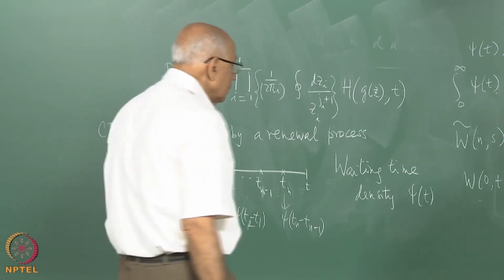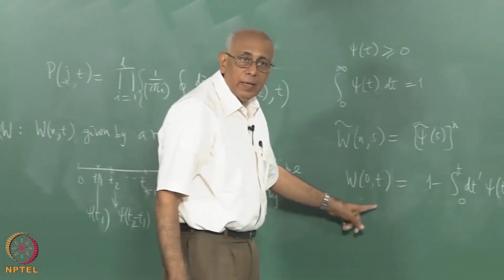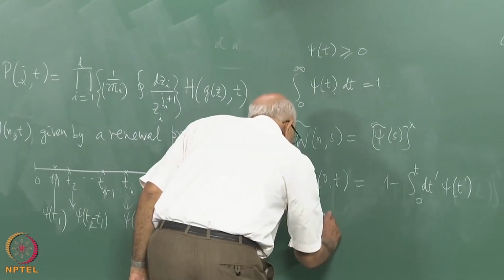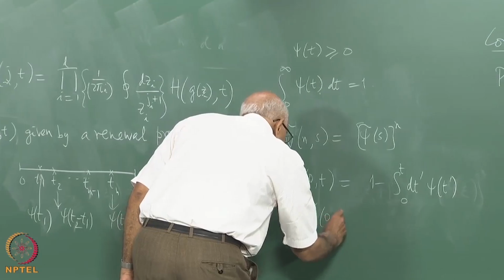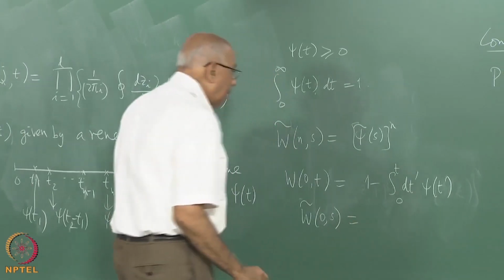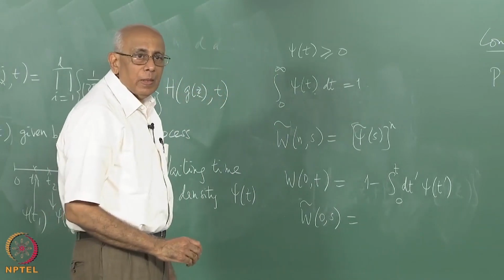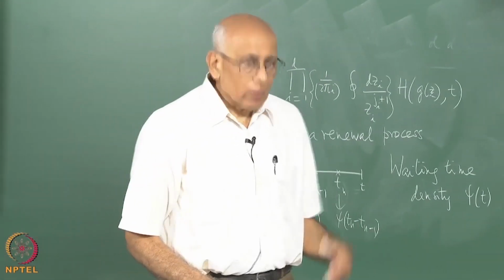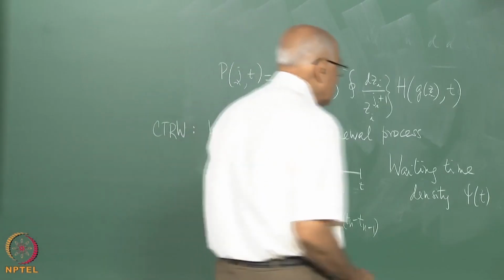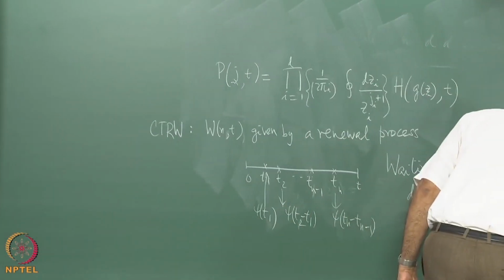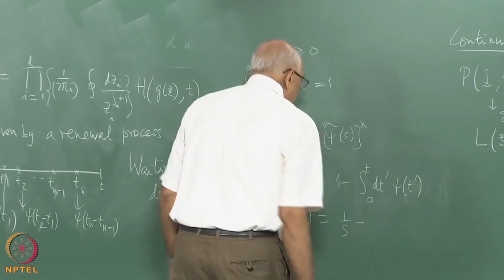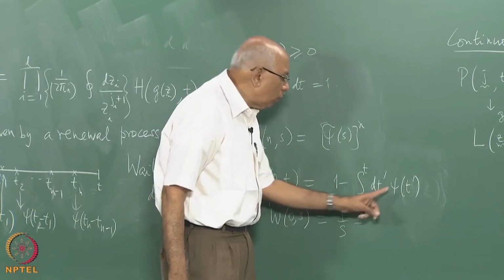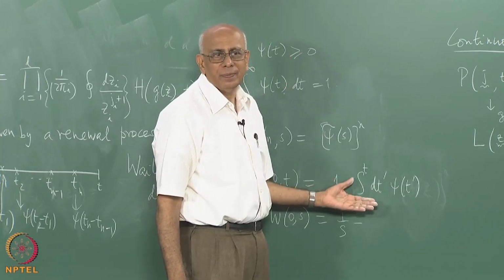Okay. What is the Laplace transform of this? What is the Laplace transform of 1? 1 over s, yes, 1 over s, minus the transform of this, which is the convolution of 1 with psi of t.